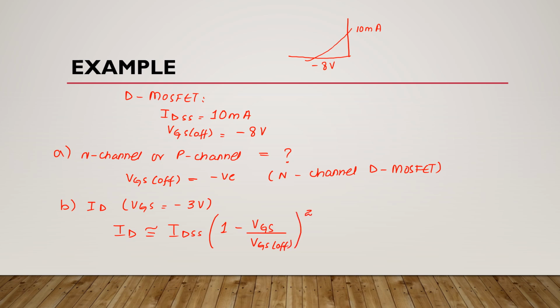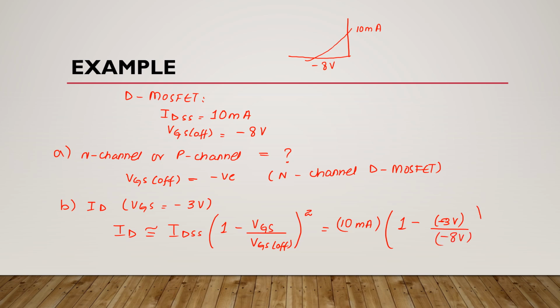Here we know that IDSS is 10 milliamperes, VGS is minus 3 volts, and cutoff voltage is minus 8 volts.